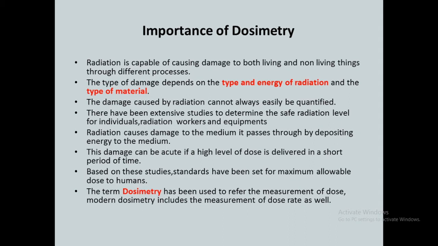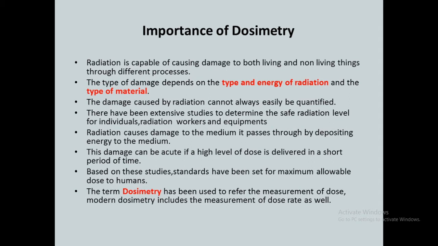Unfortunately, the damage caused by radiation cannot always be easily quantified. Some types of cell mutation caused by radiation take years to develop into detectable cancer. How do we then find out if a particular individual or equipment has received a high enough dose?